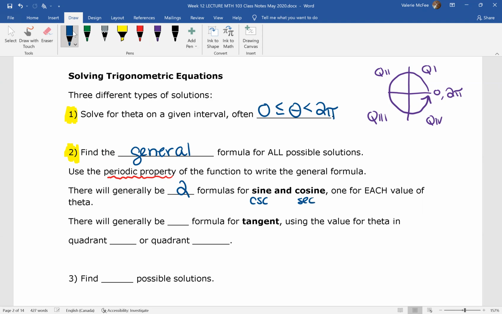And generally, there will be 1 formula for tangent. Now, people forget this, also for cotangent. We use the value for theta either from quadrant 1 or quadrant 2.